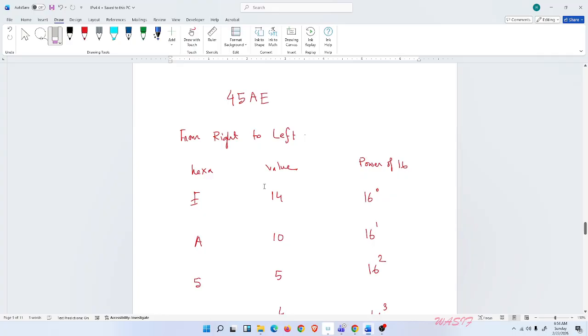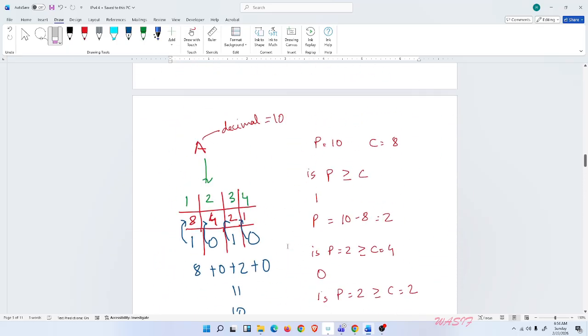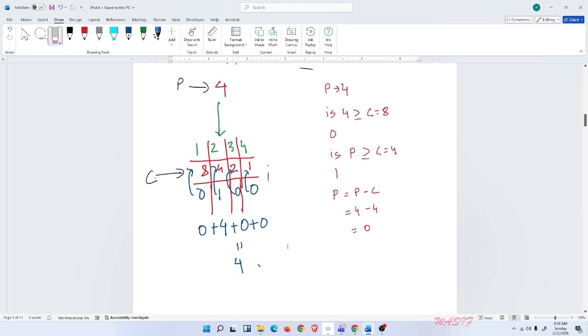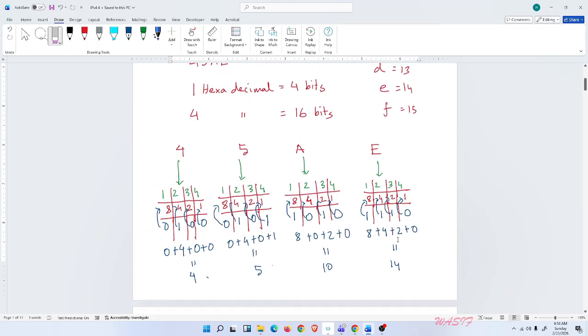Now in this step, if you look here very carefully, once you got the result, if you write 45AE, this is the one that you need to write as binary. 0100 0101 1010 1110.